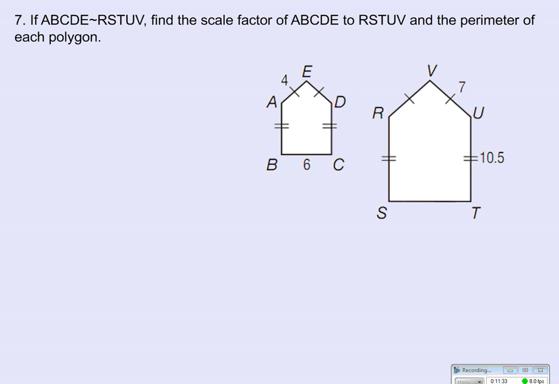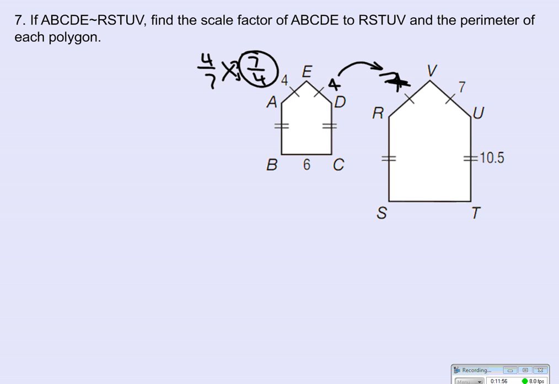So A, B, C, D, E, R, S, T, U, V, find the scale factor and the perimeter of each polygon. So the scale factor, well, here's my tip-off right here. Oops, 7. So I go from 4 to 7. So since I go from 4 to 7, my scale factor is going to be that flipped over, 7/4.